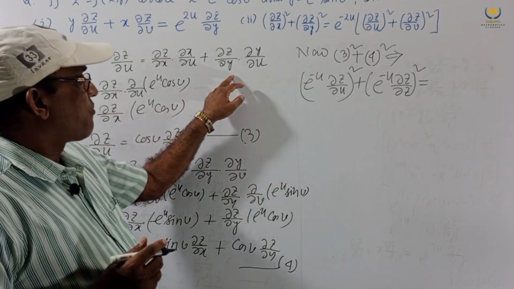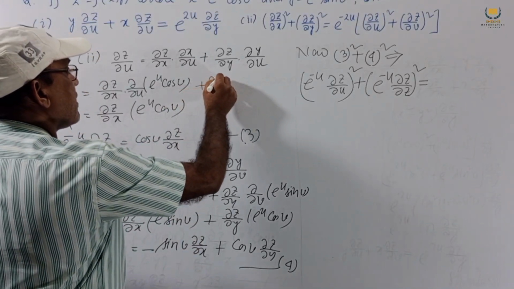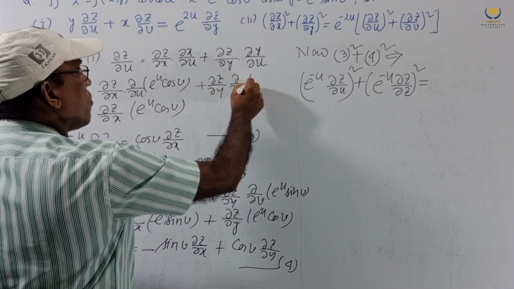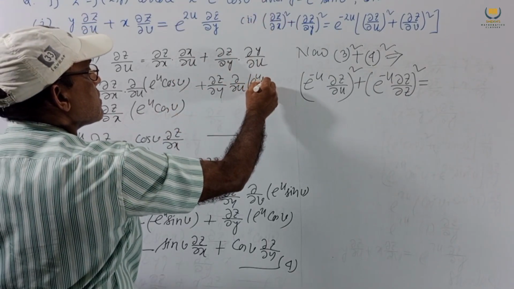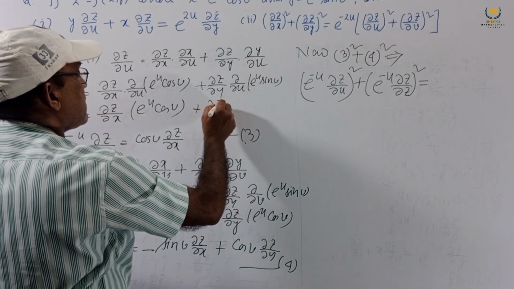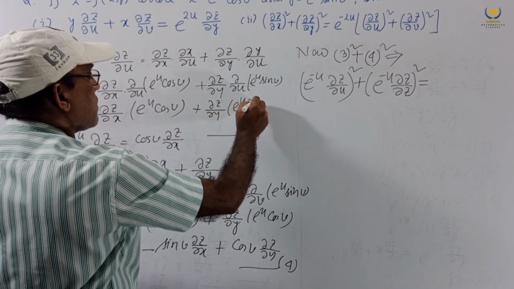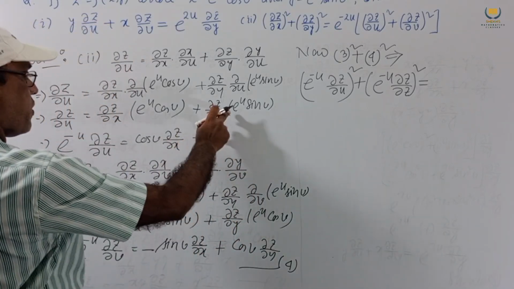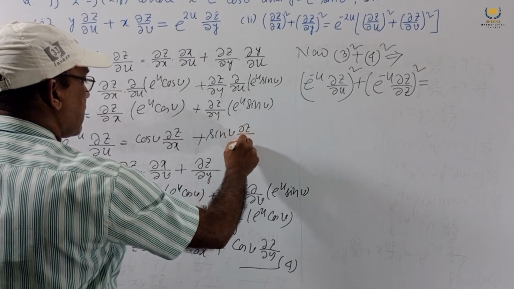One thing is left, so I am rewriting this. Del y del u, y means e to the power u sin v, and this is del z del y, e to the power u sin v, so this will be e to the power u sin v del z del y.